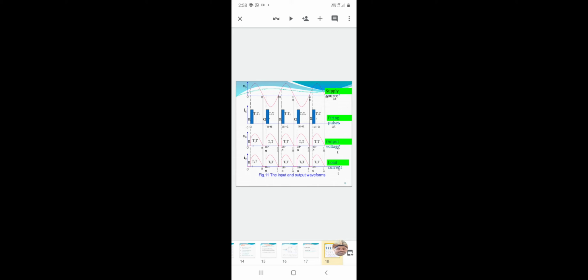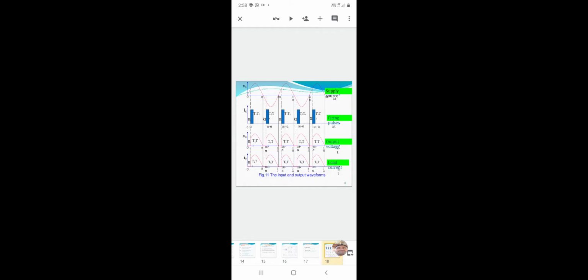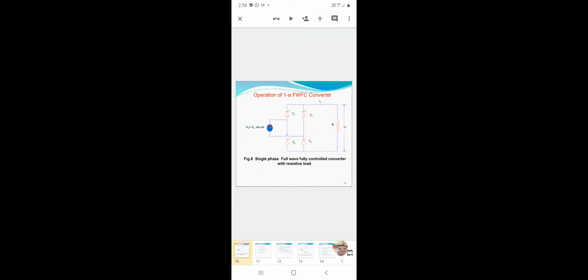So the load voltage is the total voltage drop across the resistance from alpha to pi. At pi, thyristors T1 and T2 become reverse biased, because the negative half cycle is reached. During the negative half cycle, thyristors T1 and T2 are reverse biased and T3 and T4 are forward biased.